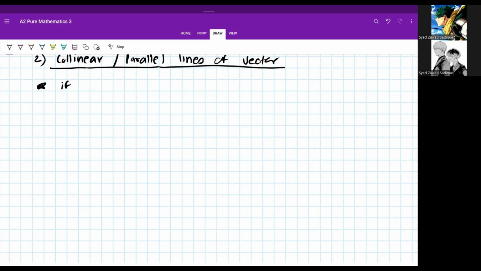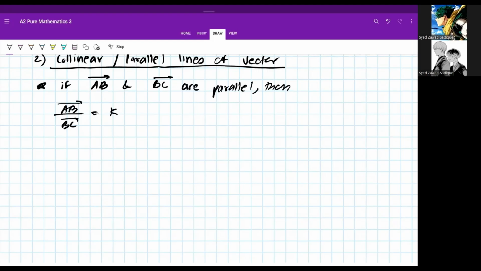If AB and BC are parallel, then AB by BC is equal to K, a constant.